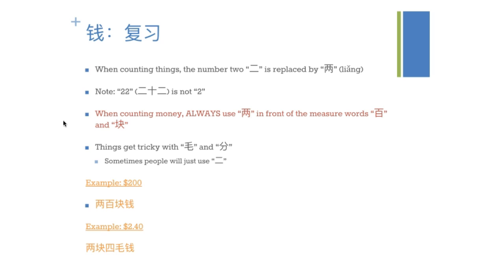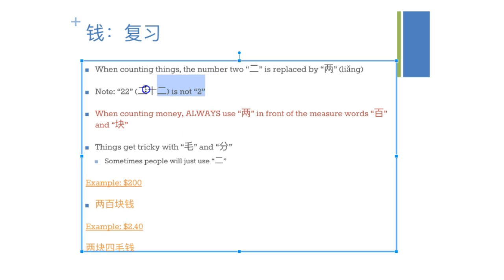So if I want to say, for example, 200, I would say 200块钱. I would not use that, that would be wrong. Or I would say 2块4毛钱, $2.40. Note, the number 22 is not 2.